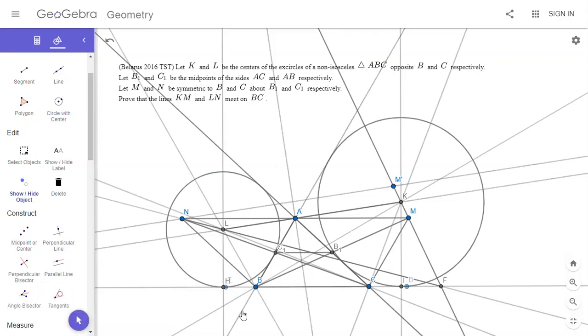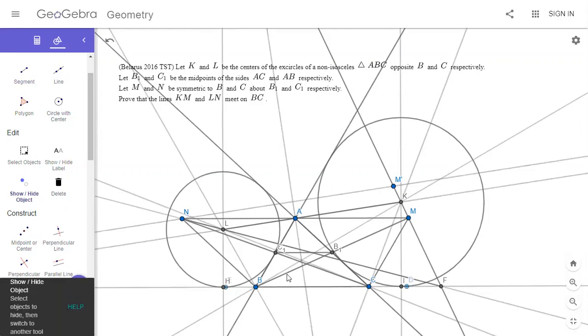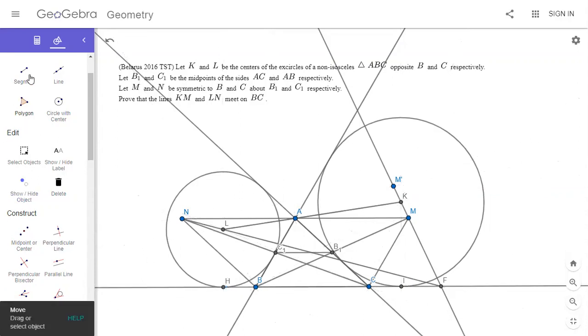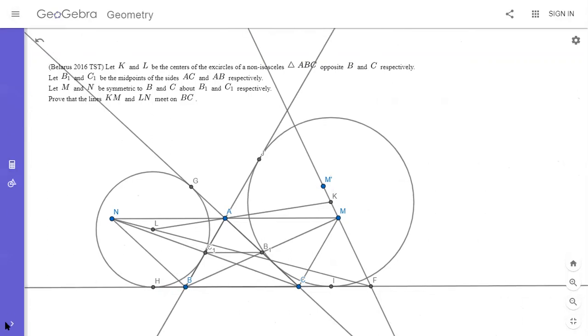It's okay, but hold on a sec. I want to show it up to the tangency point, right? So I could do it like this. Yeah, this is better.